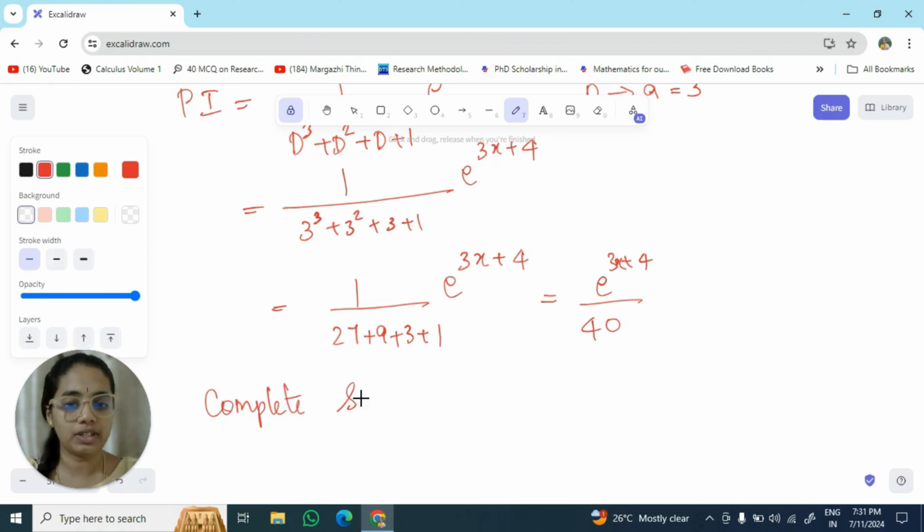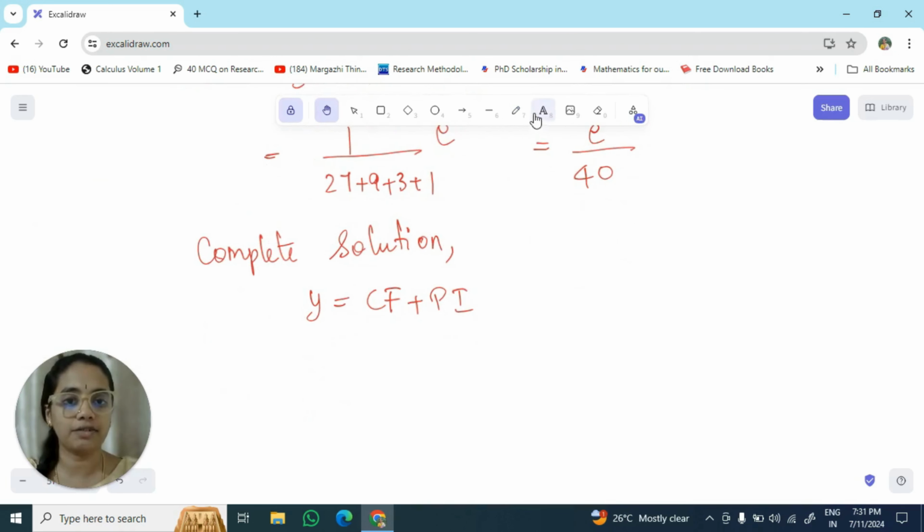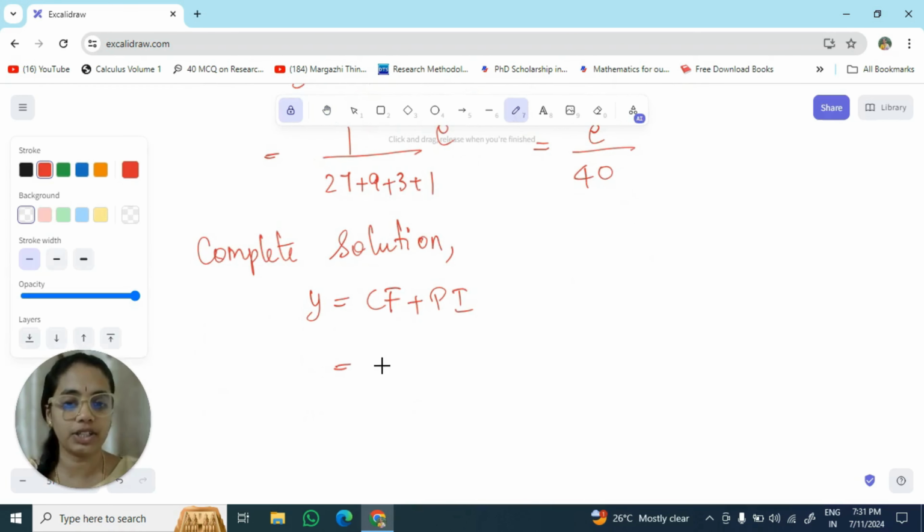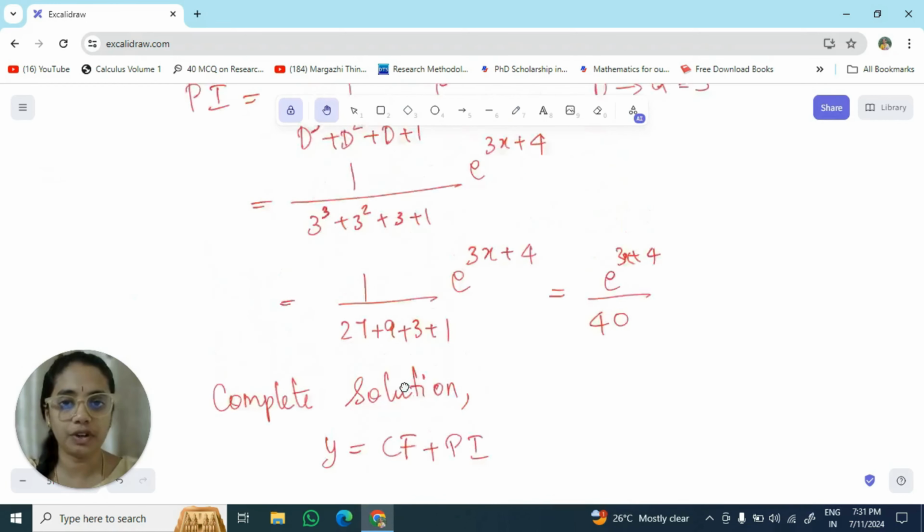So what is our general solution, or we also call it the complete solution? Complete solution of the given differential equation would be y is equal to CF plus PI. What is the value of CF over here? The value of CF is nothing but the complementary function, that we just found, no?